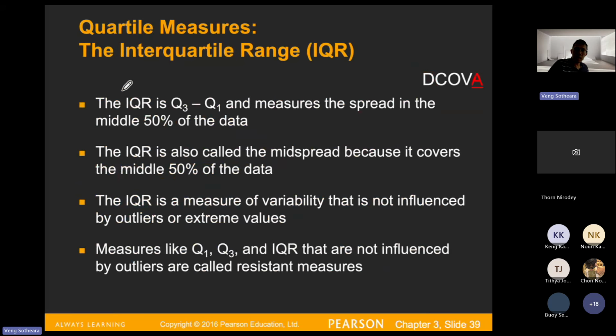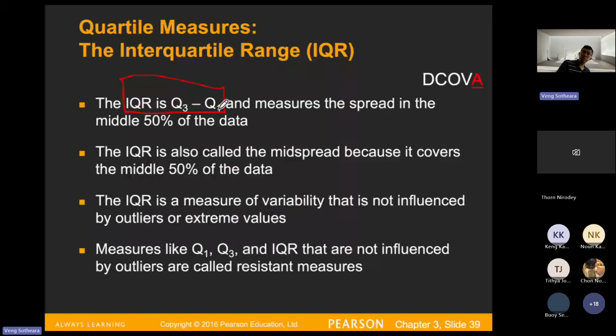To get the idea of the middle 50%, you may come up with a measure called the IQR. IQR stands for interquartile range, which is the difference between Q3 and Q1.